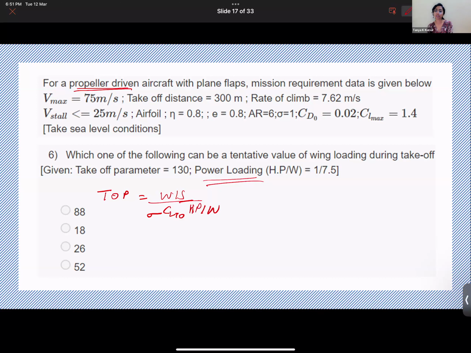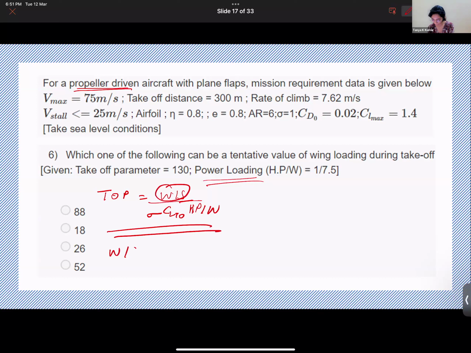Okay, so this is the equation. Can you just substitute the values and try to find out? It is not very straightforward, but you can just try doing this. Just take a few minutes and do this. We'll solve it together. So this is what you need to use to find wing loading.